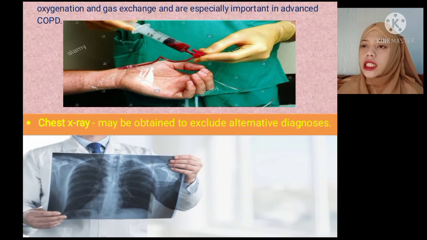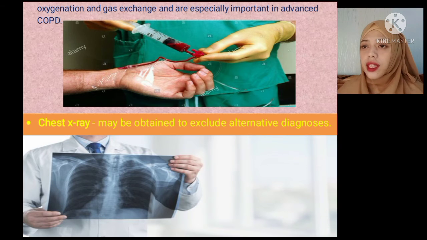So next is arterial blood gas. Arterial blood gas, in short, is to determine the acidity or the pH of the blood. The next is chest X-ray.